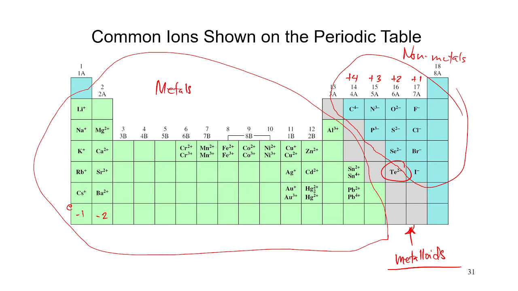Tapos biglang sa copper, plus. Then, pwede siyang maging 2 plus. For the zinc, 2 plus. For aluminum, 3 plus ulit. So, walang common na trend when it comes to those metals. Pero, for lithium, sodium, potassium, rubidium, cesium, magnesium, calcium, strontium, and barium, lahat sila ay nagpa-follow ng trend.